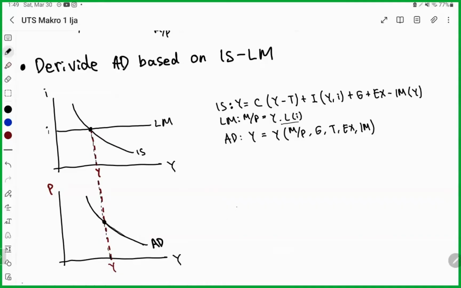So because of that, if we derive aggregate demand, we eliminate all of the variables that are related to I because it belongs to ISLM. So AD is equal to G, T, EX, and IM.